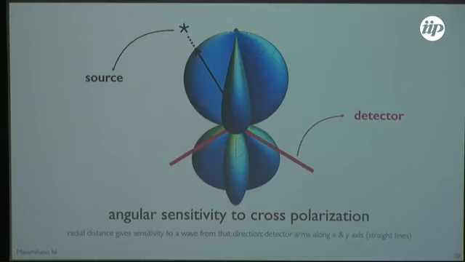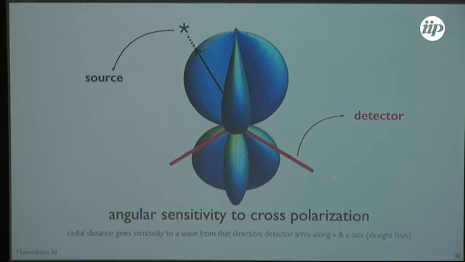So we can represent this by a plot like this, in which you imagine that your detector, your interferometer, is located in the center, as shown here by these two red lines that represent the arms of the instrument. So we're measuring the difference in the arm lengths. And then you can use a radial coordinate to represent how sensitive your instrument is to a gravitational wave coming from a given point in the sky with respect to the interferometer.